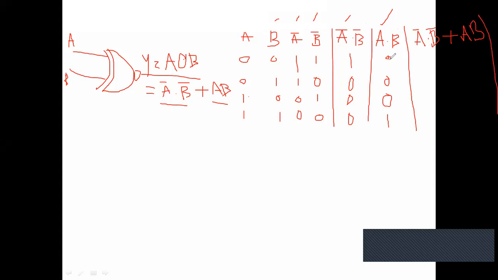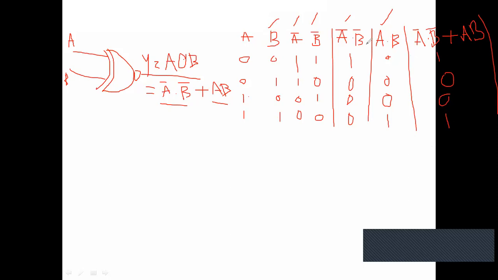So now 1 0, that is plus operation. Any one of the inputs is high, then the output is high. So what are the outputs here? 1 0 0 1. Okay, Amma.